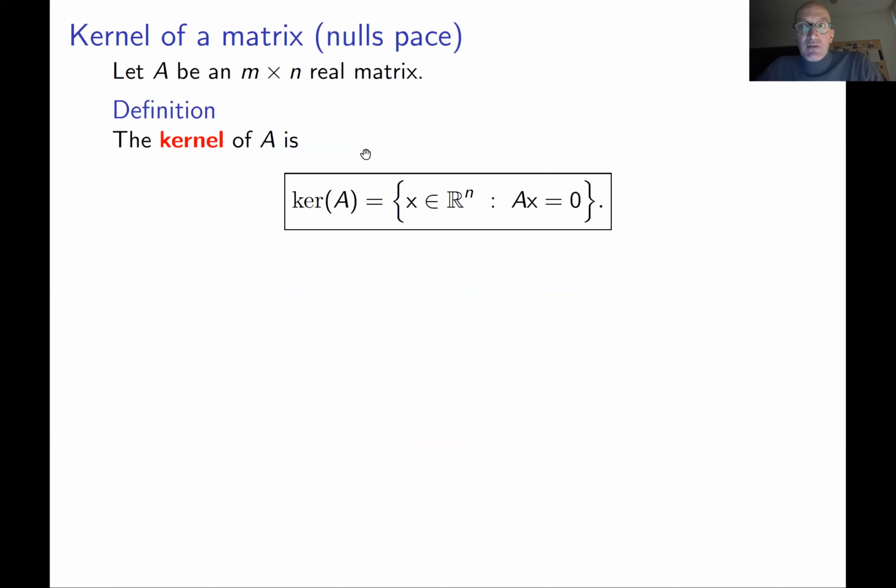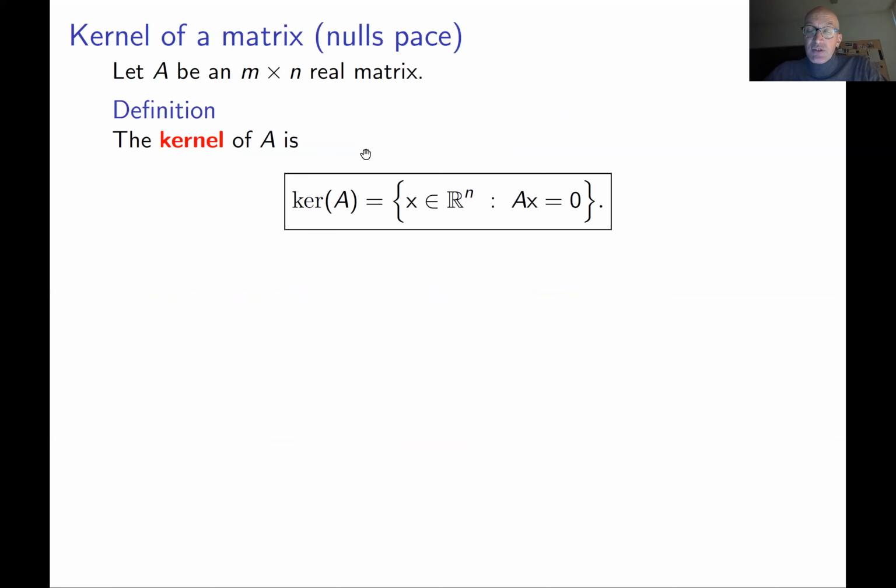Now, here is a new example of how one can construct linear subspaces using matrices. You take an M times N real matrix. It has M rows, N columns, and we can define its kernel. By definition, its kernel is all vectors in n-dimensional space such that if you multiply your matrix by this vector, you get 0.